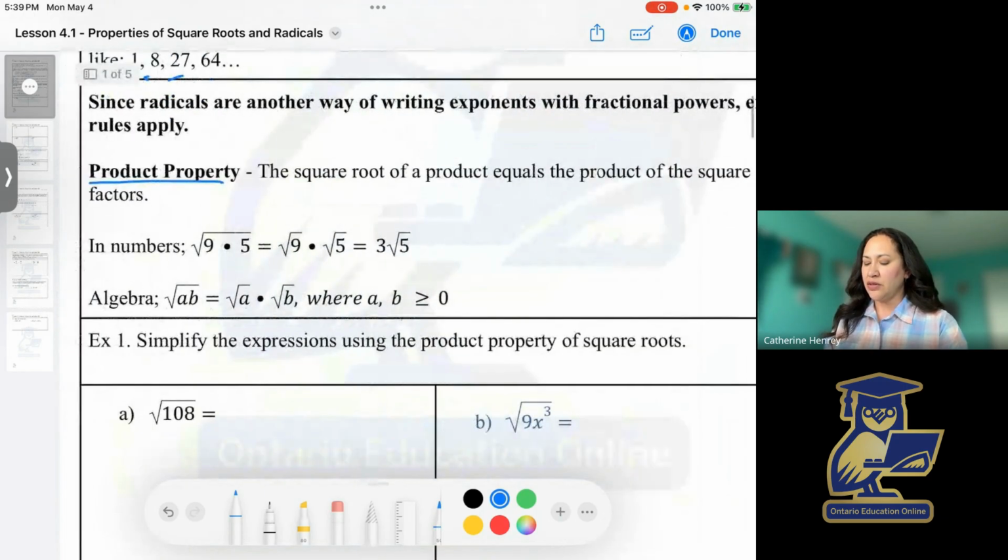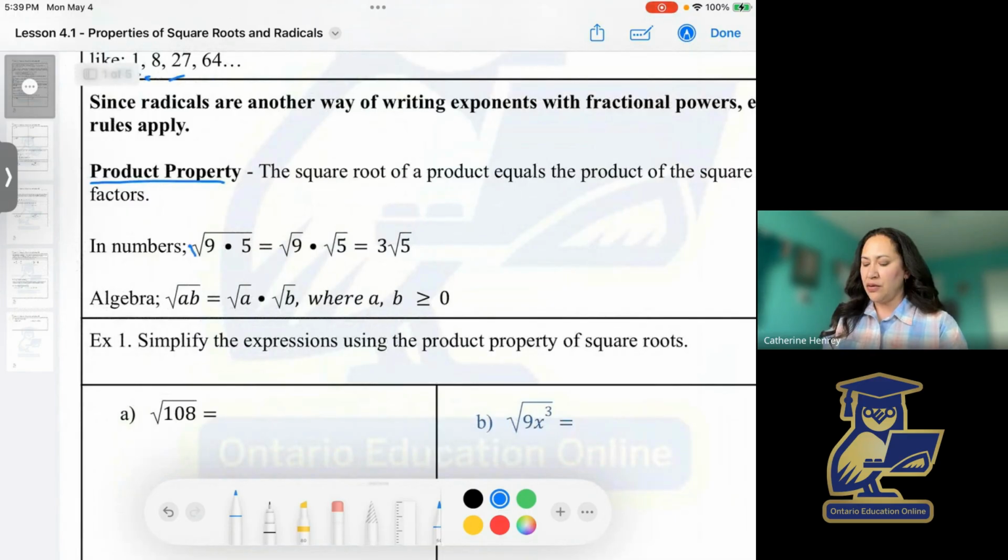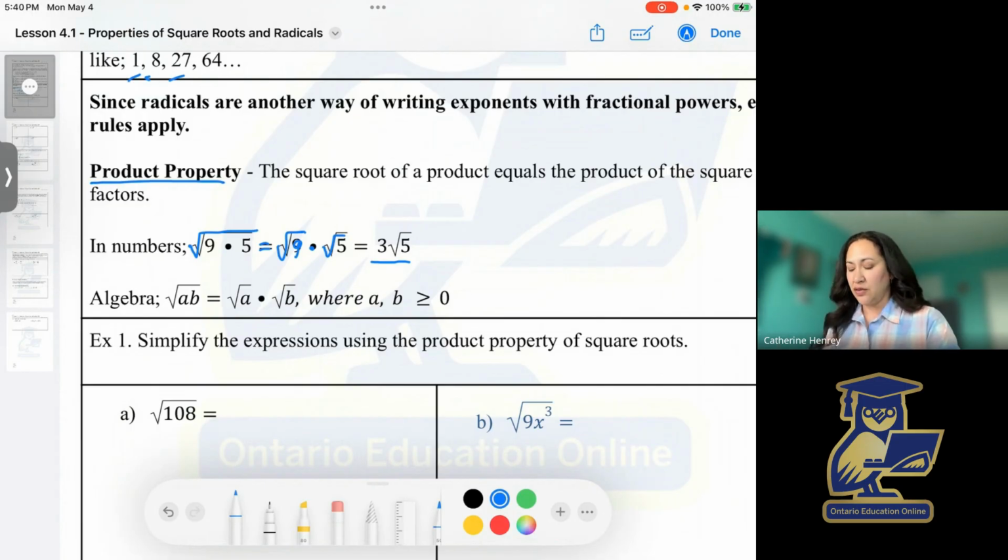So in numbers, if I have the square root of 9 times 5, it's the same thing as finding the square root of 9 and multiplying that by the square root of 5. It helps us simplify because we can take the square root of 9, it's 3, and we'd have the square root of 5, which we can take on a calculator, but it would be a decimal, and it's just neater to leave it under the square root sign.